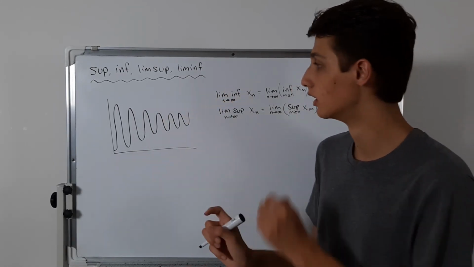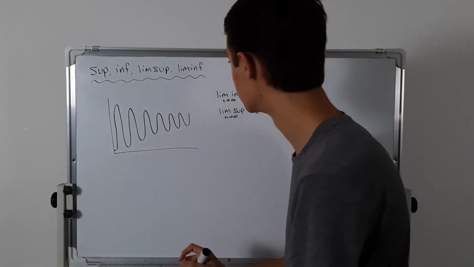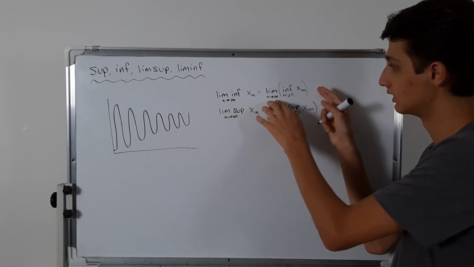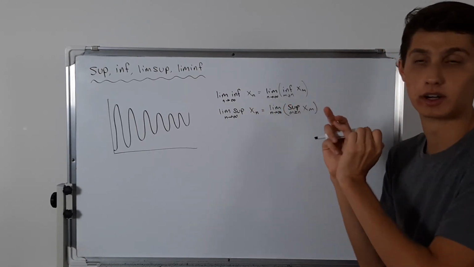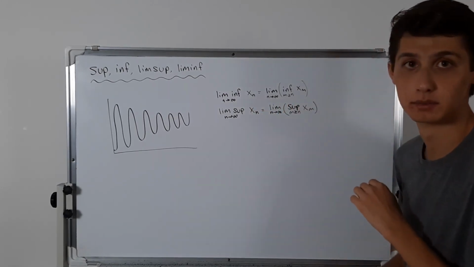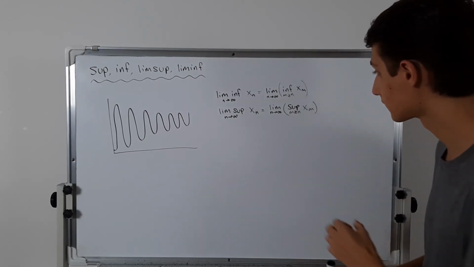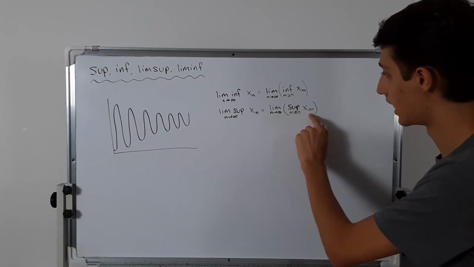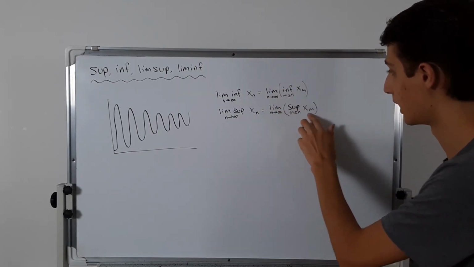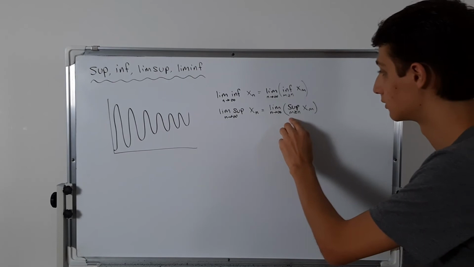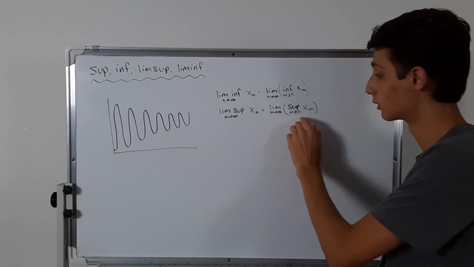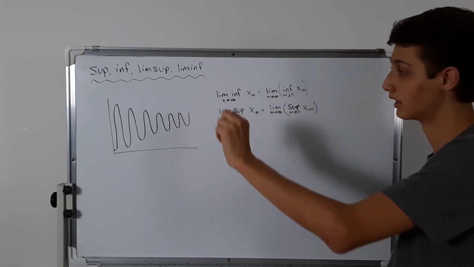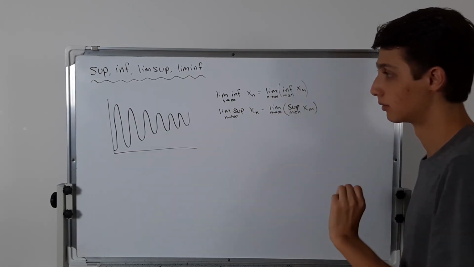So we can think of the limit inferior as the limit of the inferior, and the limit superior is the limit of the superior. And so basically we can take the superior of x sub m, or the inferior of x sub m, for values of m that are greater than or equal to n, and then we're taking n to go to infinity. So this is kind of the idea of what's going on.